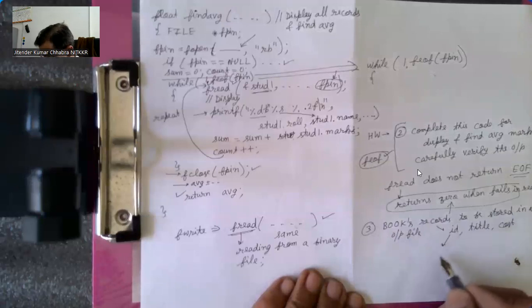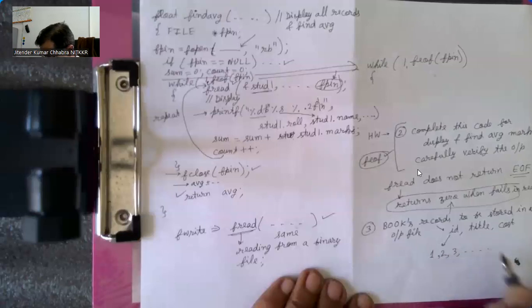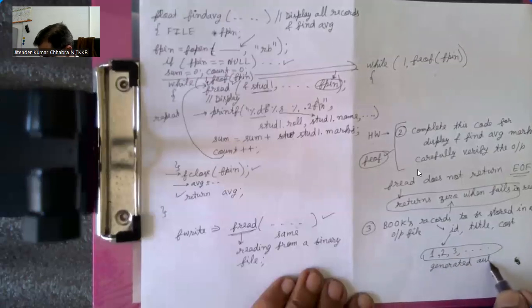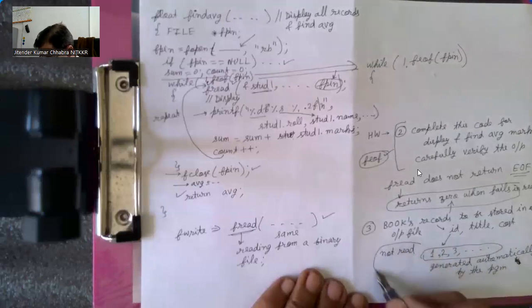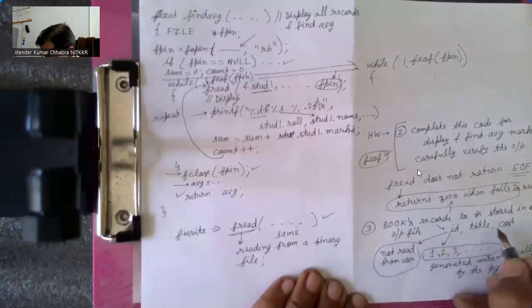But the ID will always be 1, 2, 3 onwards, and this will be generated automatically in the program. So you will have your own ID assigned, it will not be read. First record read, give it ID 1. Second record read, give it ID 2, and so on. Not read from the user. ID you will not read. These two fields you will read.